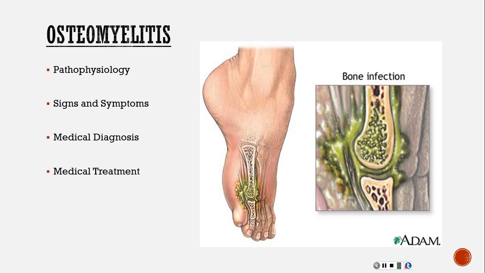Now, what does this do to the actual bone? Or what can it do? It can weaken the bone, and it can cause deformities, and it also can cause necrosis inside the bone, okay, of the bone tissue. So what do you think that's going to put us at risk for?